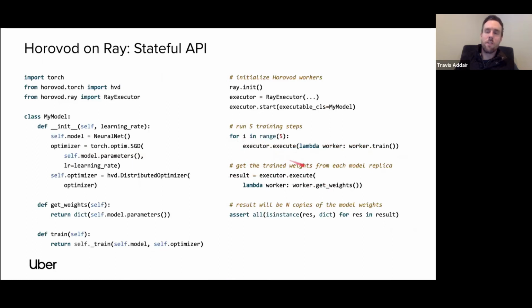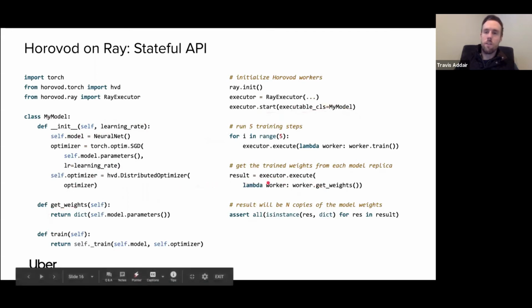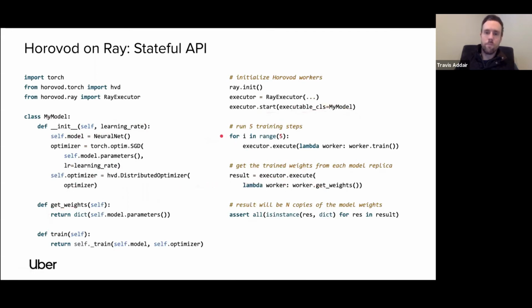All of the state is being handled by the in-memory caching layer of Ray, so that when we call worker.train, the updates are applied on the back end, and then we get the weights at the very end to return our result. All of this was made possible by just passing in this executable class equals my model right here, which allows us to execute this API on all of the workers in parallel.